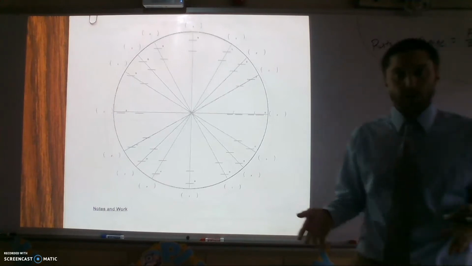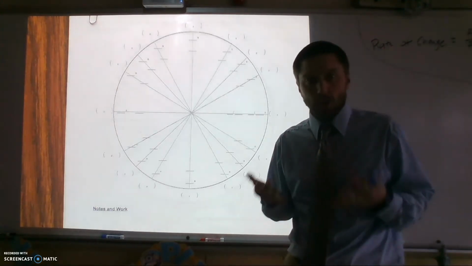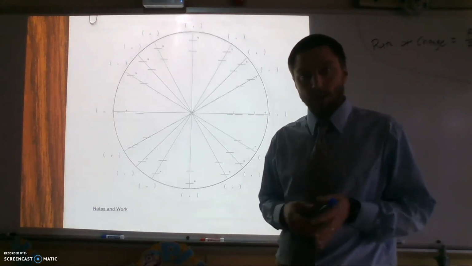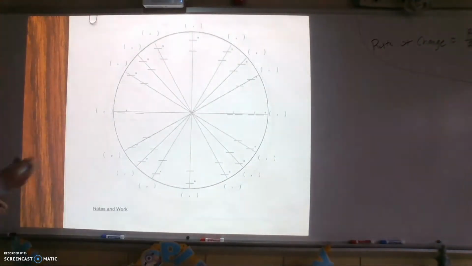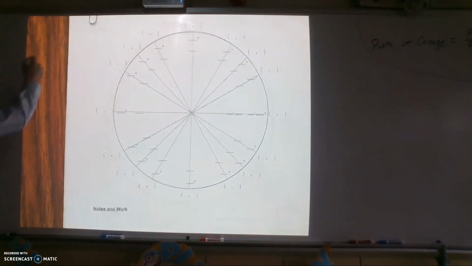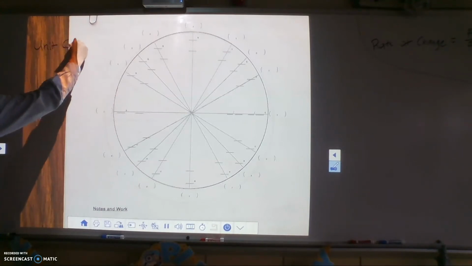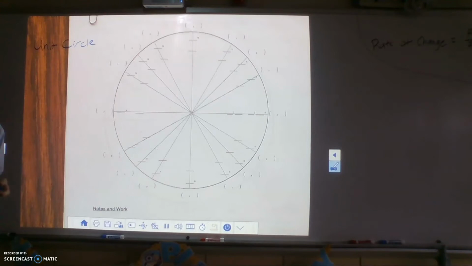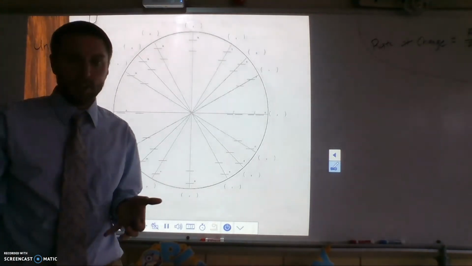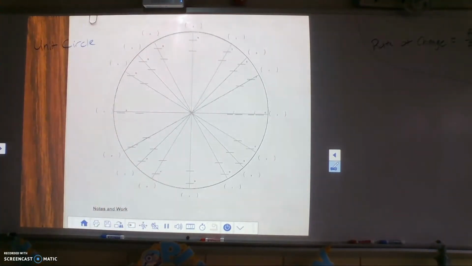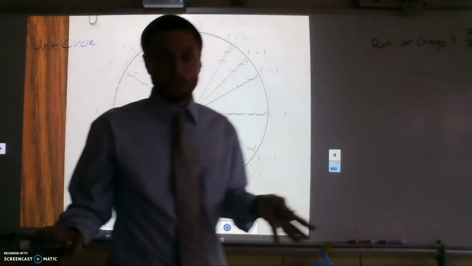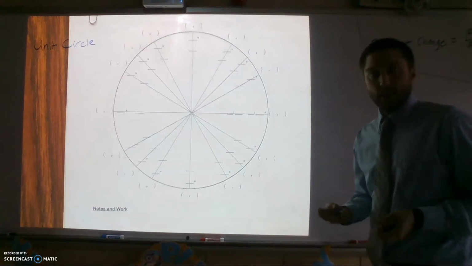Okay? So here's our goal today. We are going to start developing something that you maybe have heard of before, maybe not. Something that's called the unit circle. Have you guys ever heard of the unit circle before? So what is this so-called unit circle? Well, it's a circle. We know that.